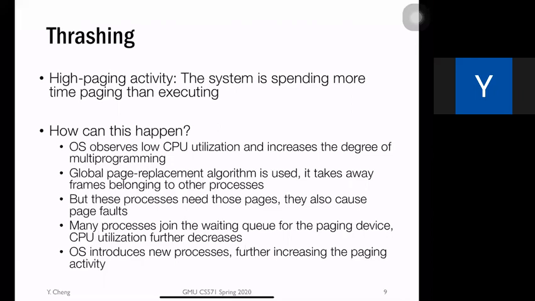So what is the cause of the thrashing activity? Because this is something bad, right? This is something undesirable. So the most straightforward example of the reason for thrashing: let's assume the operating system has a certain objective, and this objective is to improve its average resource utilization, for example, CPU utilization.